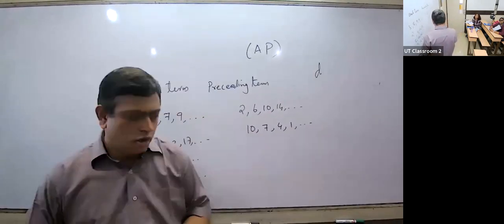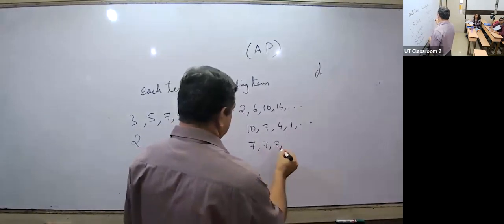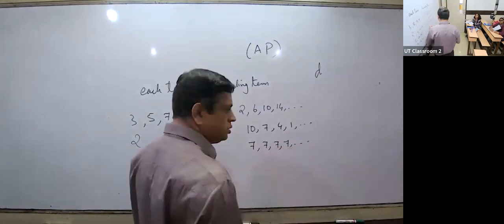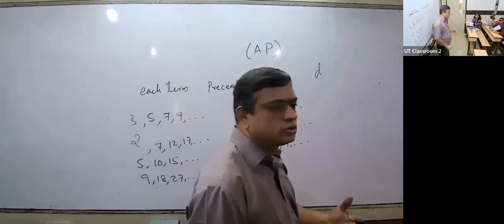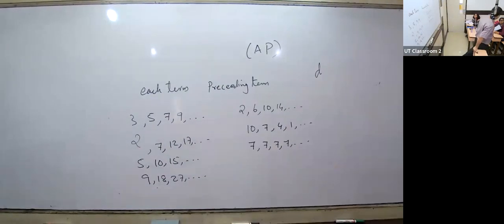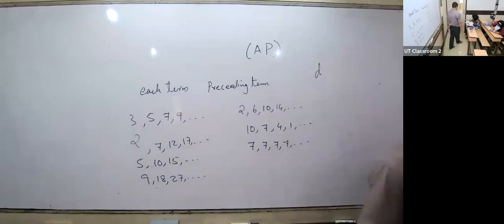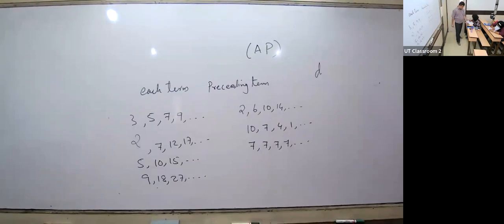Okay. 0. Is it an AP? Yes, sir. Adding 0. So the value of d can be positive, negative, or 0. Right, the value of d can be positive, negative, or 0.